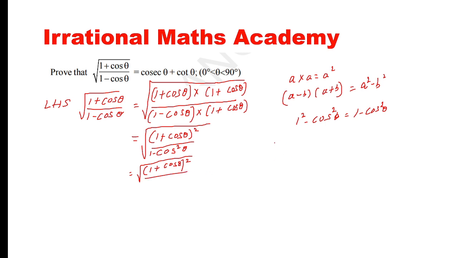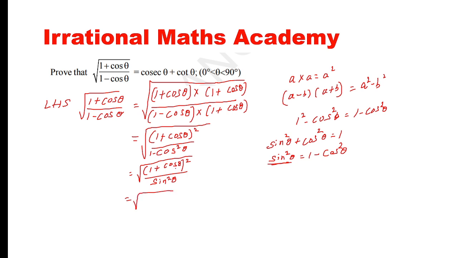From the identity, sine square theta plus cos square theta equal to 1. If I transpose cos square theta to this side, sine square theta equal to 1 minus cos square theta. So in place of 1 minus cos square theta, I'll substitute sine square theta here.